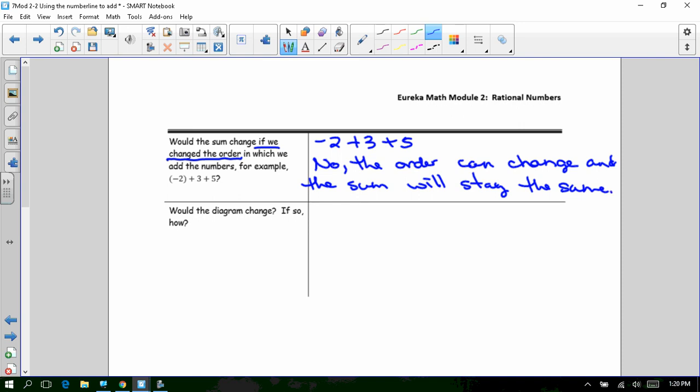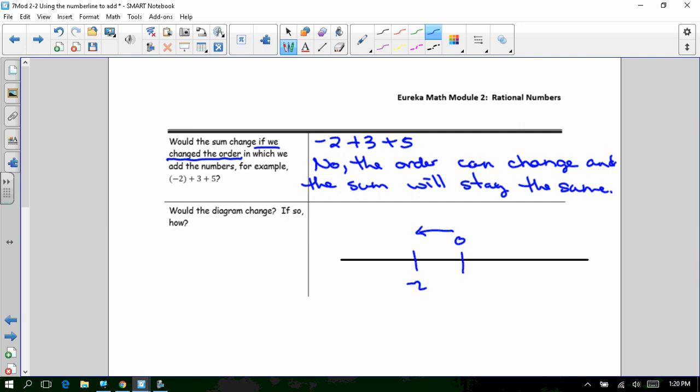Doesn't matter. Would the diagram change? Let's think about that. Would the diagram change? So I'm going to just quick draw a line and let's think about this a minute. Okay, so a minute ago on the other side, I started at 0 and I went to 5. Now I'm going to go, what, to -2, right?